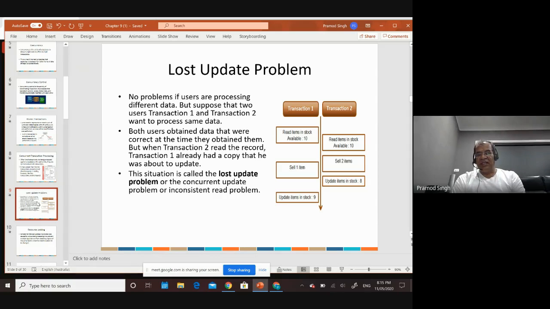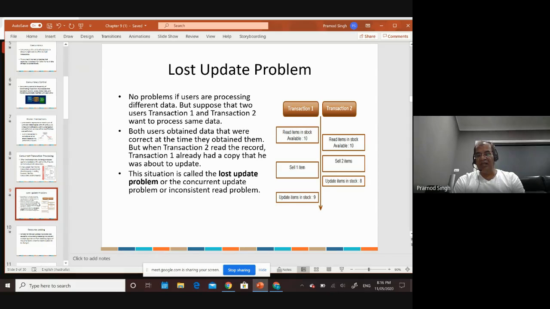Then you can see in the bottom, transaction 2 completed, it sold two items from the 10 record, and transaction 1 also sold one item from that. Transaction 2 completed its whole processing before transaction 1, and the final outcome was 8 in transaction 2 because only two items were sold by transaction 2.